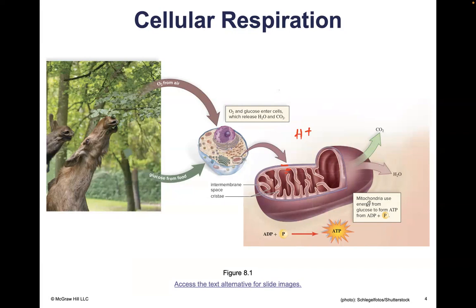So the production of ATP is always happening in the mitochondria because it is the location where the process of ATP production usually takes place. So it uses energy from the glucose, which is being broken down, to form ATP from ADP plus phosphate.